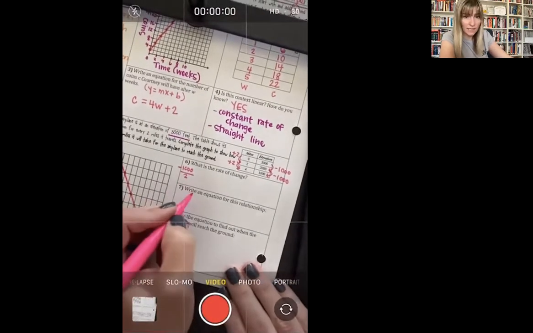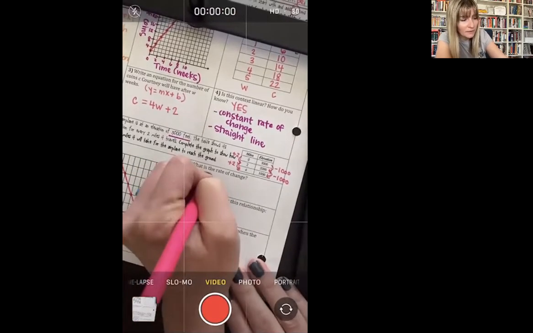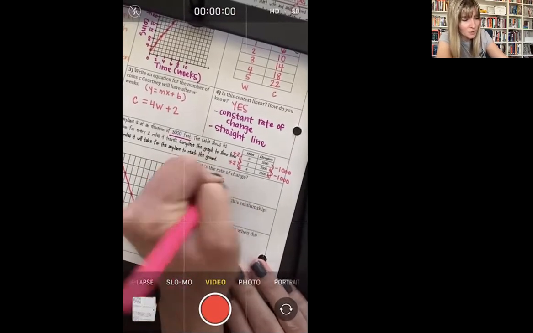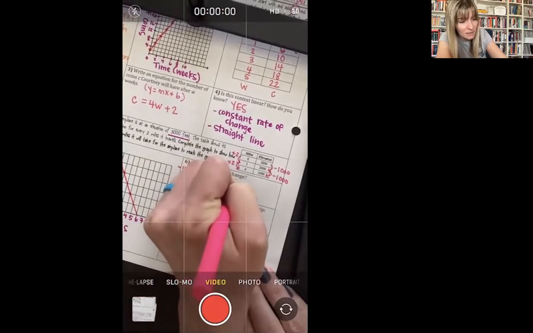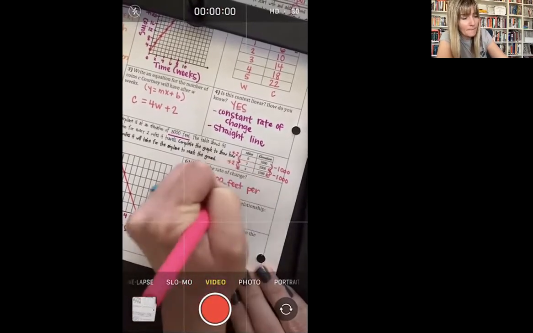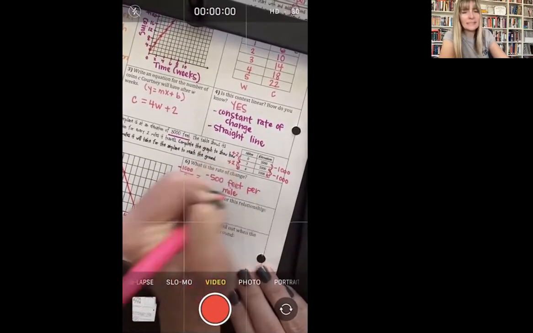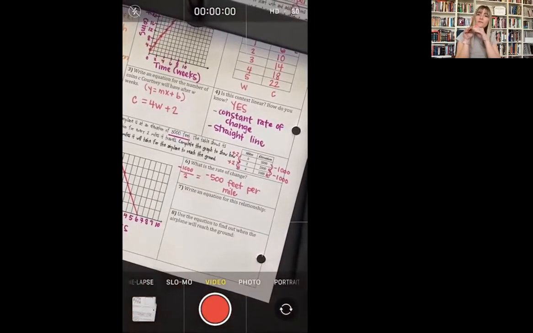That's also what I get when I divide this. So the rate of change is negative 500 feet per mile. What does that mean? That means for every mile it's flying horizontal distance, it's changing a vertical distance of 500 feet. Okay.